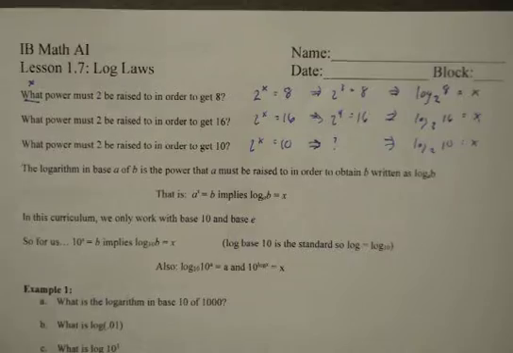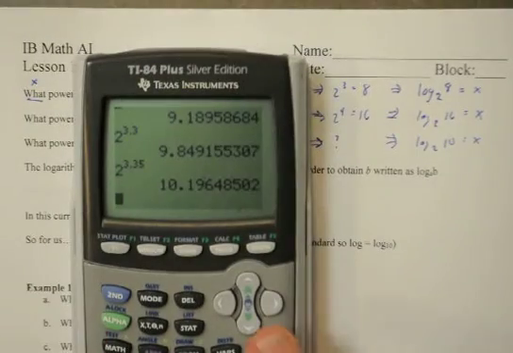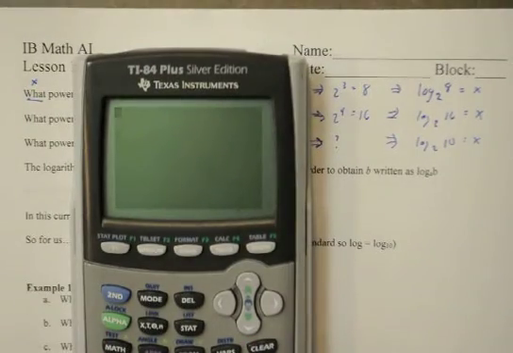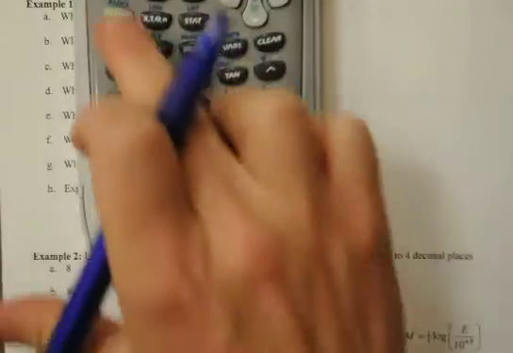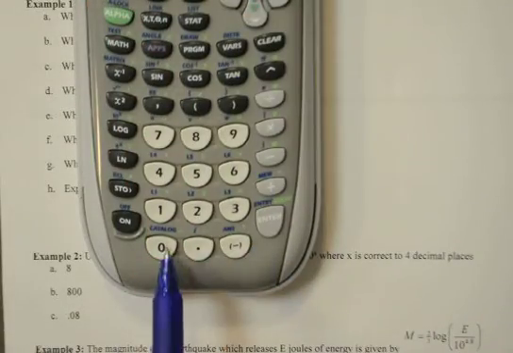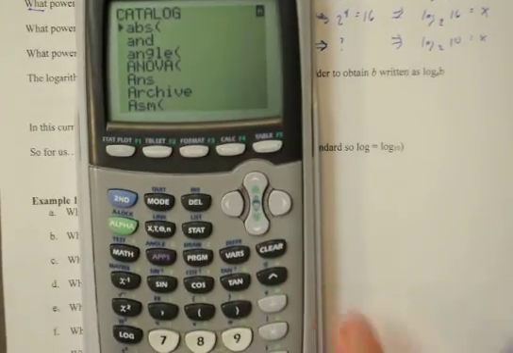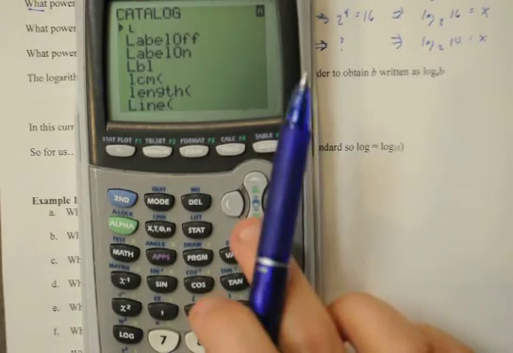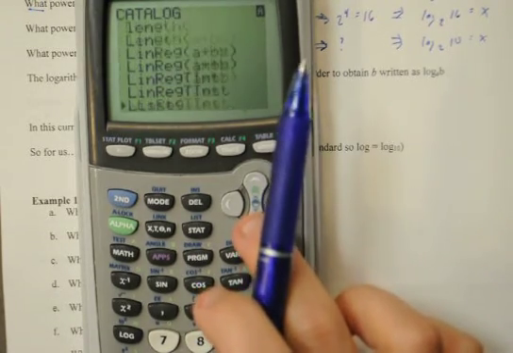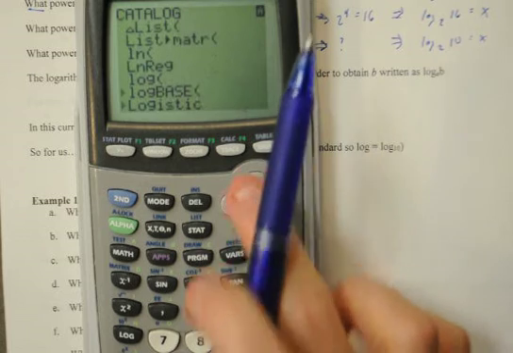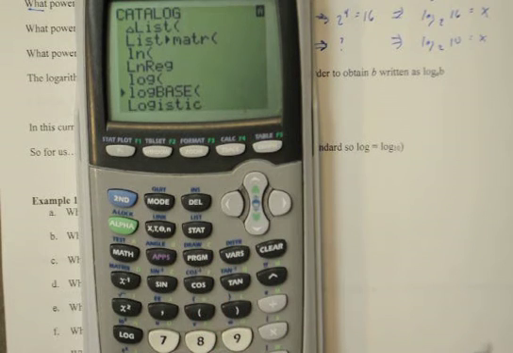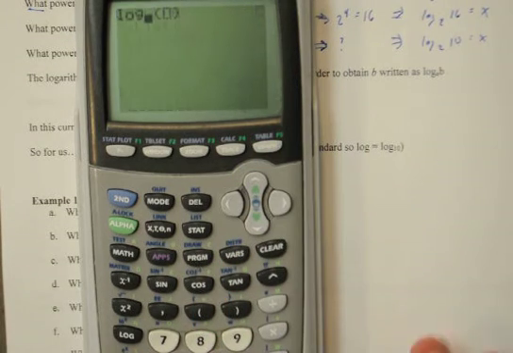And we can actually plug that into our calculator. You have to go find logs. So you have to actually press catalog, just right here, and you can press L, which will take you down to all of the L's, and log base is right there.